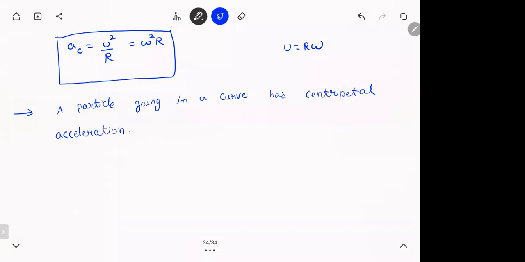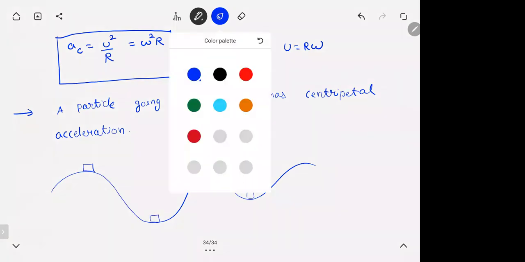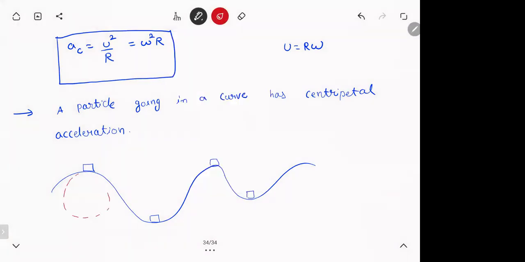If a particle is going in any curve, it will have a centripetal acceleration. For example, if a particle is going on a vehicle like this, it's like this Imagica ride. This is what you'll experience. It's almost like going in a circle.